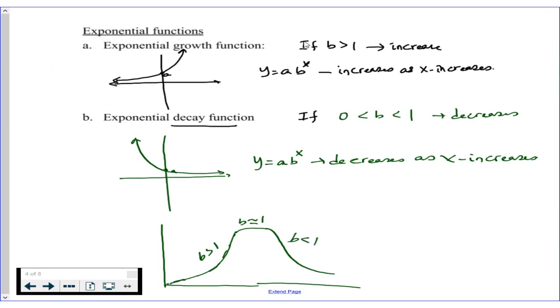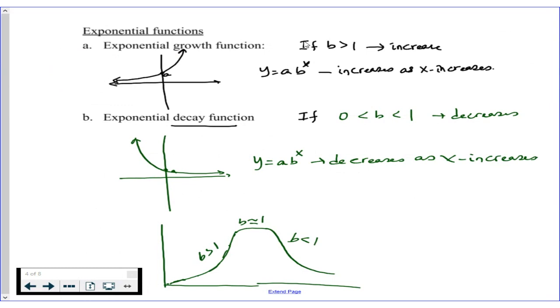Just pay attention to any news outlet, and when you see the curve, you can see an exponential function. Exponential functions are used to model many real-world applications, like population growth or decay, for example bacterial growth or bacterial decay.